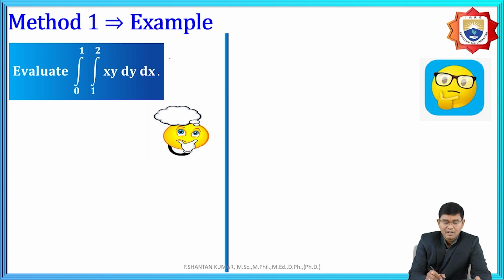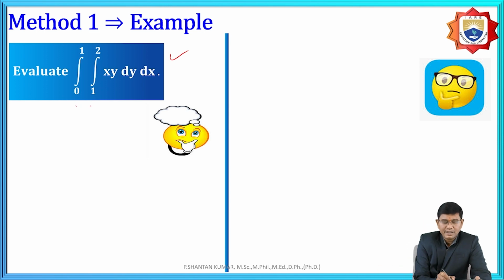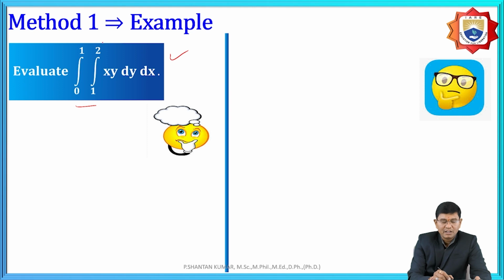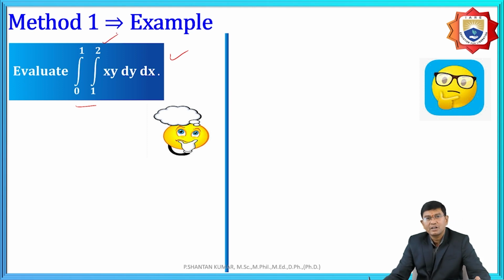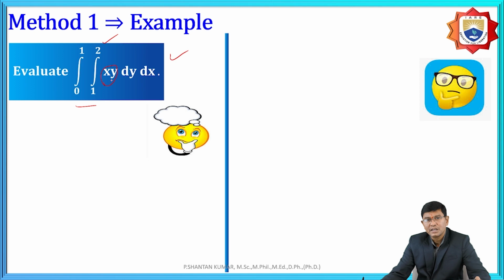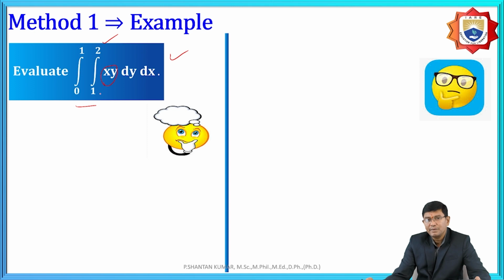If it is dx, you find the dx integral first, and after that with respect to dy. For example, in this problem, first we need to observe the limits. The first limits are 1 to 2, and the second limits are lower limit 0 to upper limit 1. The function is xy with respect to dy and dx. First we check the limits: all the limits are constants.